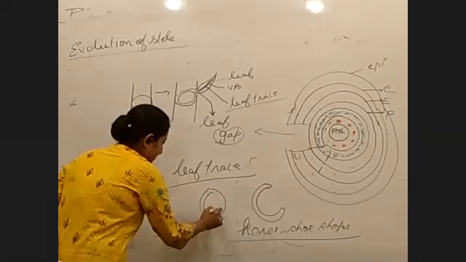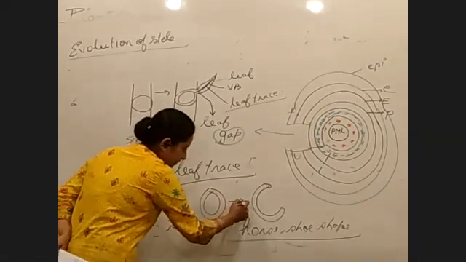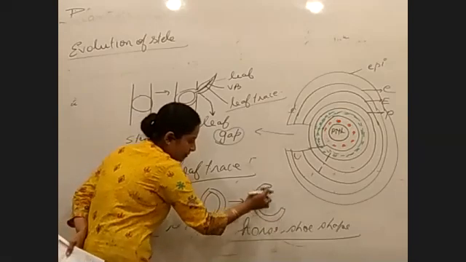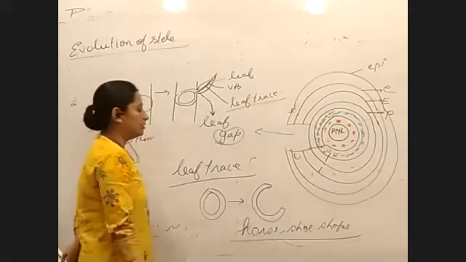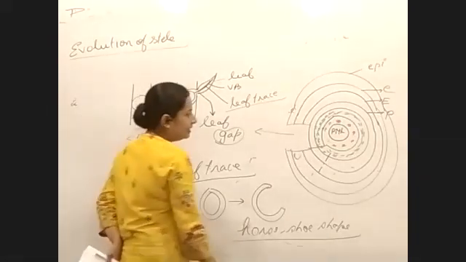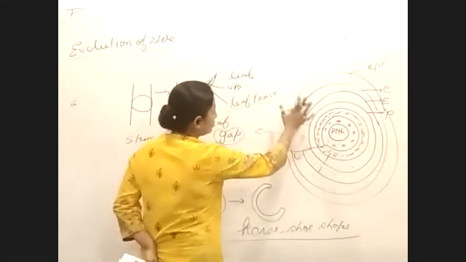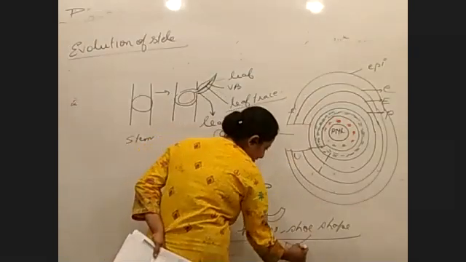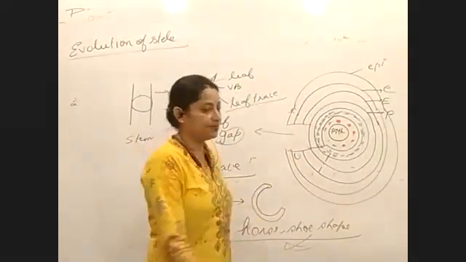Yes, round, ma'am. Right, the round structure breaks open and has taken a particular shape, and this shape is called a horseshoe shape. So that is the reason why solenostele is said to have this shape. Clear?